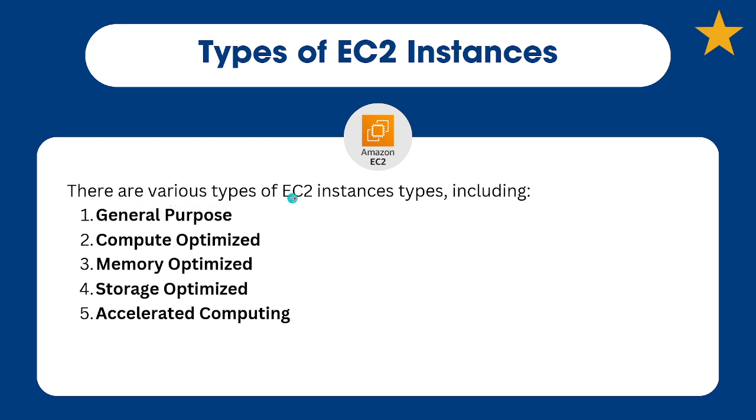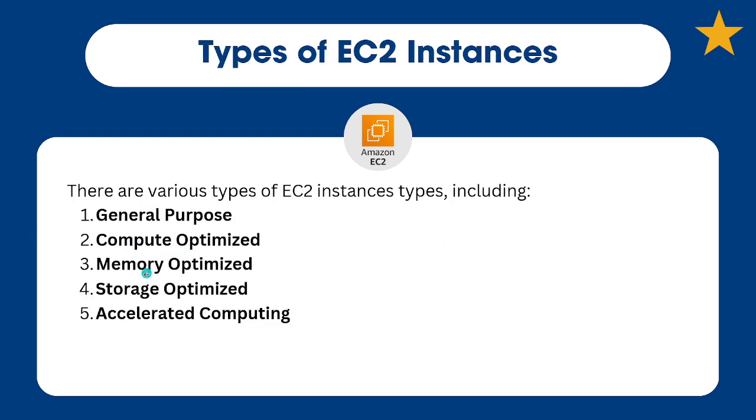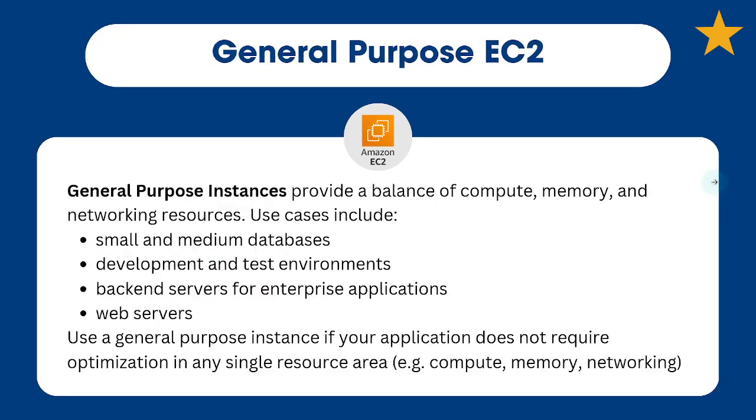So just like we have different types of workers at the coffee shop, we have different types of EC2 instances that can perform different types of jobs. They specialize in different tasks. So we have our general purpose, compute optimized, memory optimized, storage optimized, and accelerated computing. You can already see these are related to the types of computing resources that AWS can sell us.